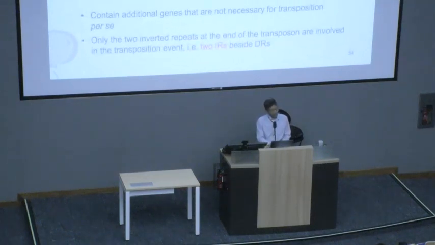Then you have a little more complicated jumping gene. It goes through simple transposition in this scenario, except that besides the essential gene, they carry some other genes. In this example, it's an antibiotic resistance gene. It helps to spread the antibiotic resistance gene, right? But be mindful, only these IRs are involved in the transposition.